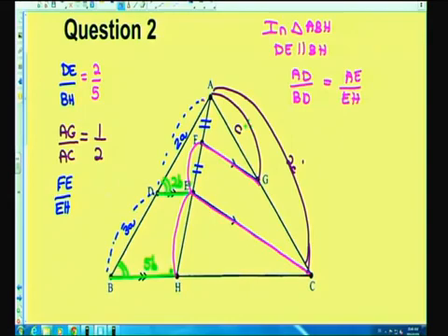Now AD was 2A, BD is 3A, and so we know that AE to EH is the same, so it's also 2 to 3. Now if that is so, this here is 2D and this is 3D. But I know that F is the midpoint, so if that's 2D, this will be D and this will be D. So therefore AF is equal to FE.